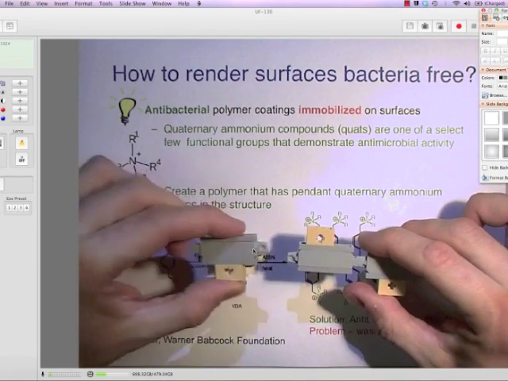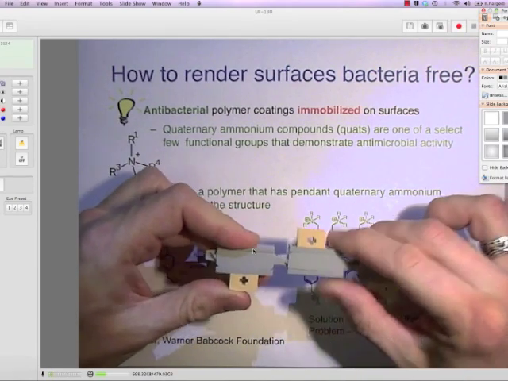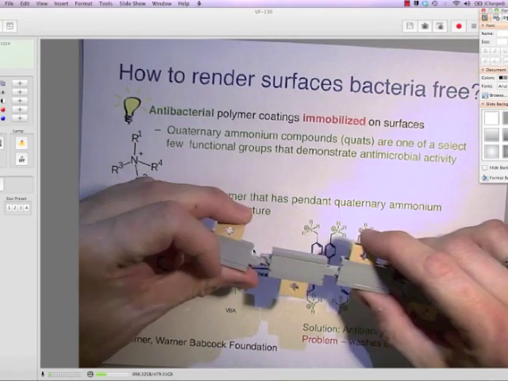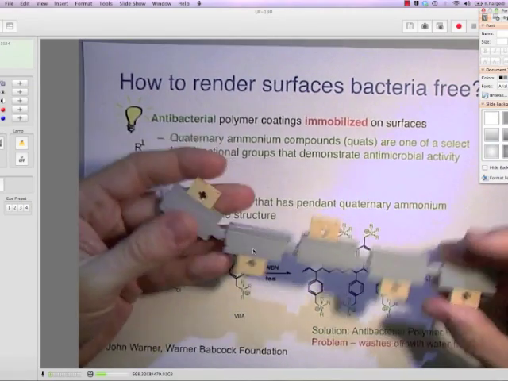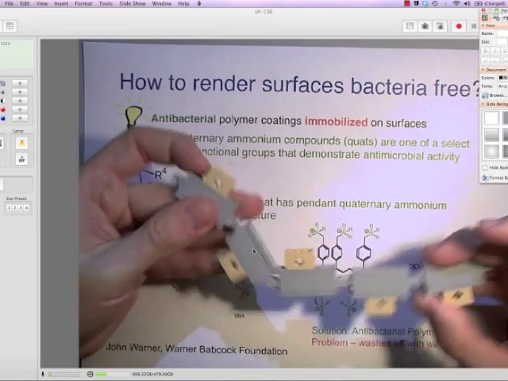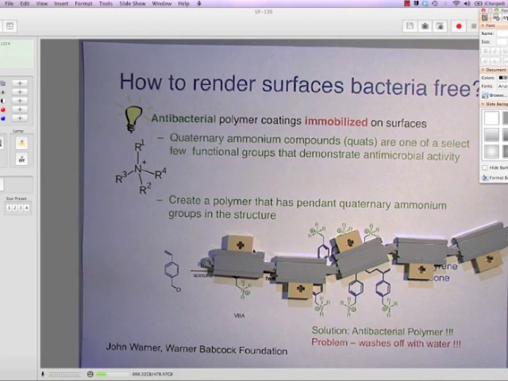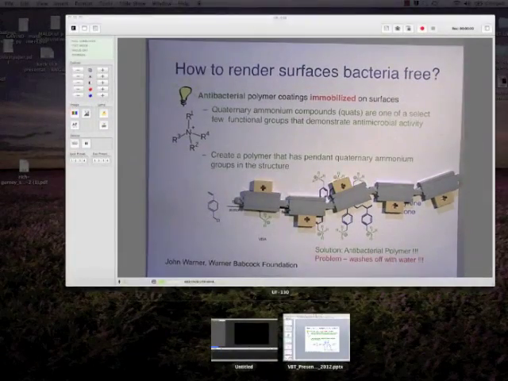Let's put another unit here, like that. That's a tetramer. And let's put this one like this, doesn't matter. Now we have a pentamer. And so the polymer, this is now a pentamer, and if we continued going, we would eventually get longer and longer and have a polymer. Let's now go back to our slide.